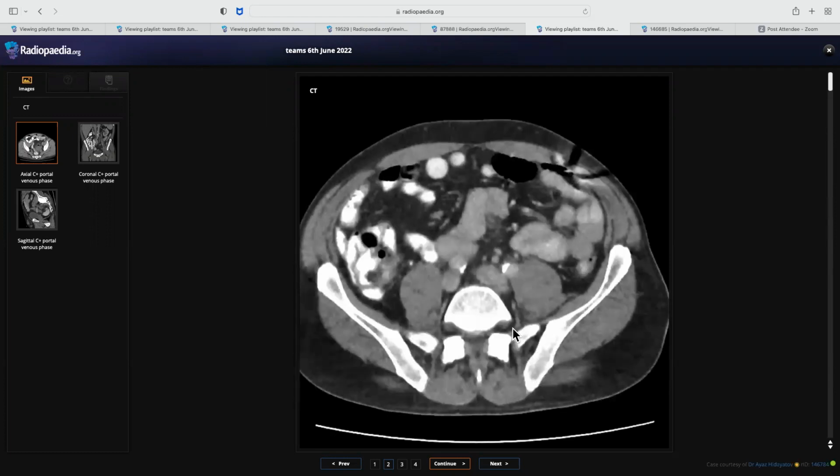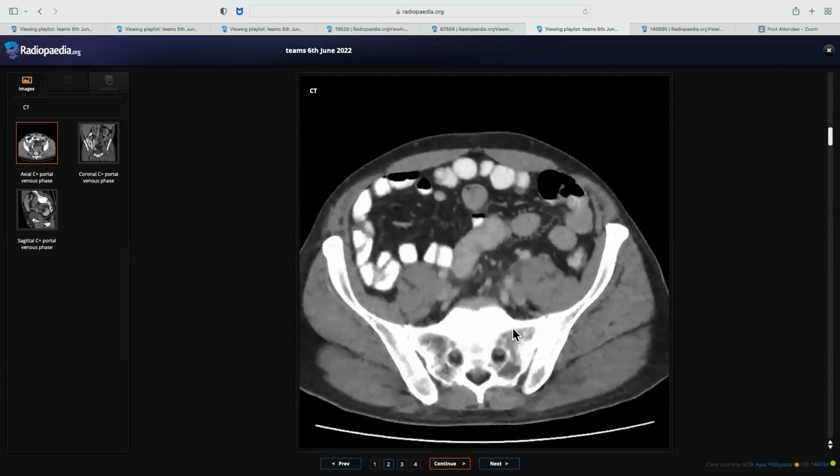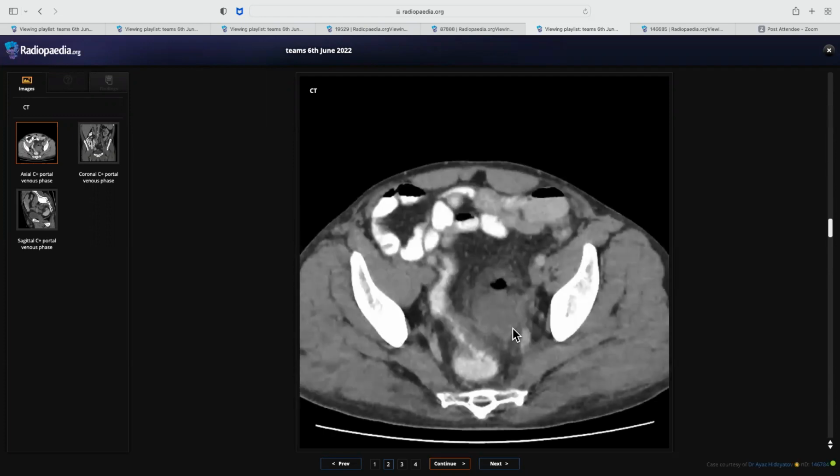I will inform the referring physician and also the gastrosurgeon about the bowel wall thickening, which I think is inflammatory bowel disease with the possibility of abscess formation in the pelvic cavity.